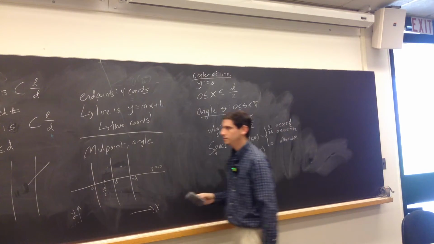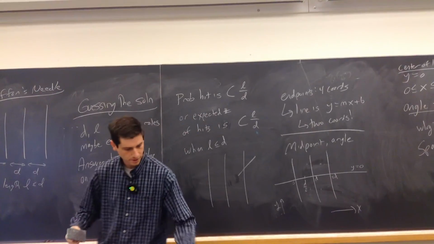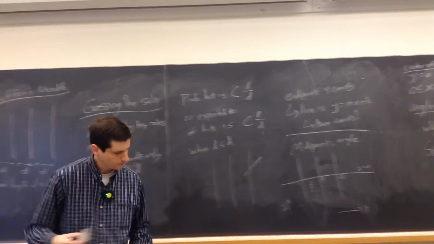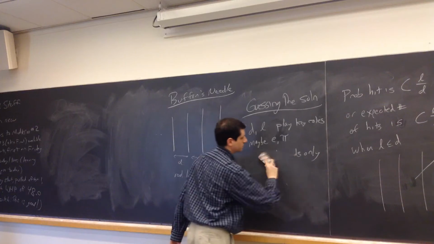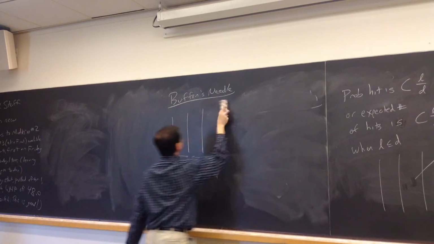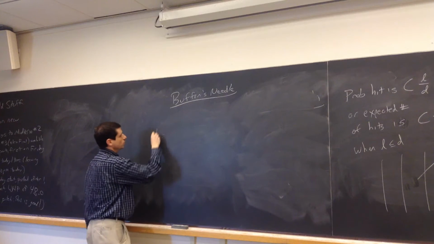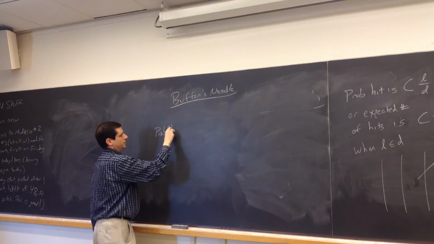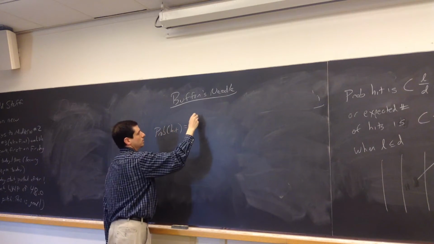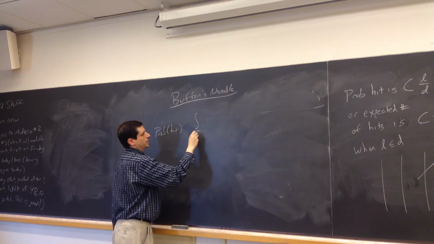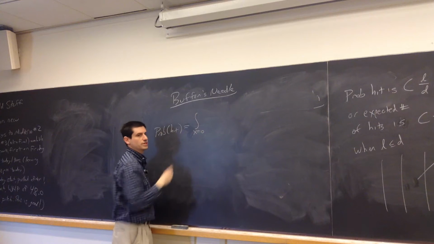Okay? So now we come back. Let me just make sure I do things the right way. Okay. So what's the probability of a hit? Well, x goes from 0 to how much?